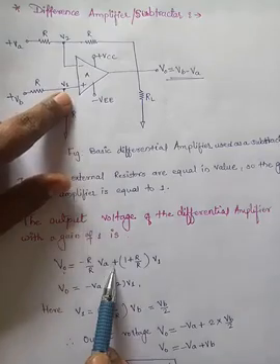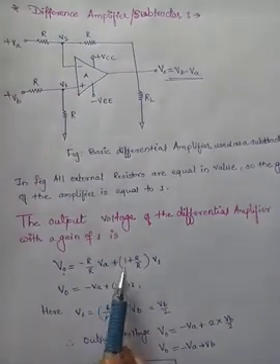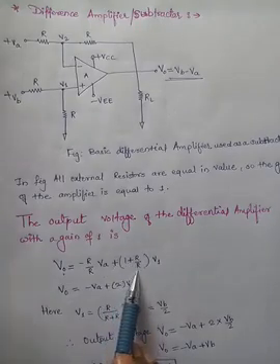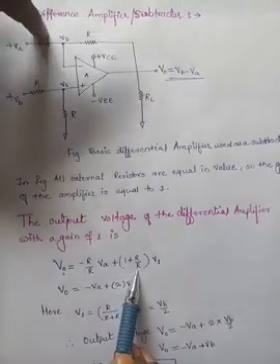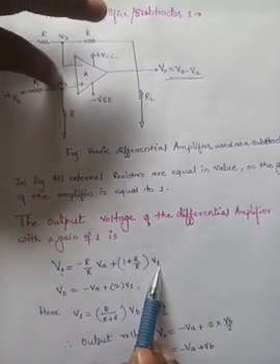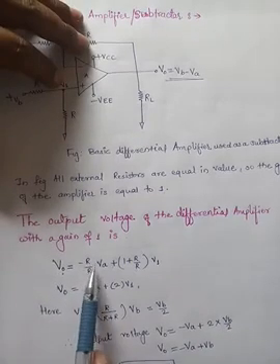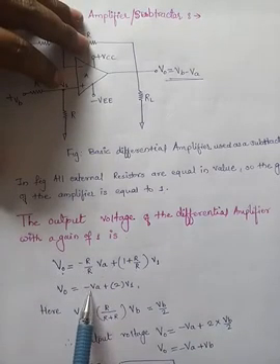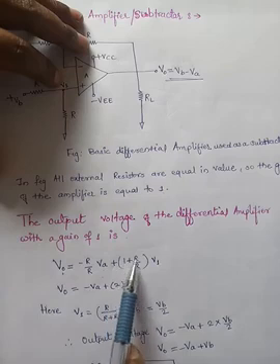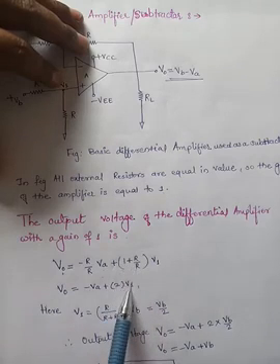The output voltage equation of a non-inverting amplifier is 1 plus RF by R1. RF is R, R1 is again R, so 1 plus R by R into input voltage V1. So V0 is, this R by R gives 1, minus VA plus, again R by R is equal to 1, so 1 plus 1, 2 into V1.